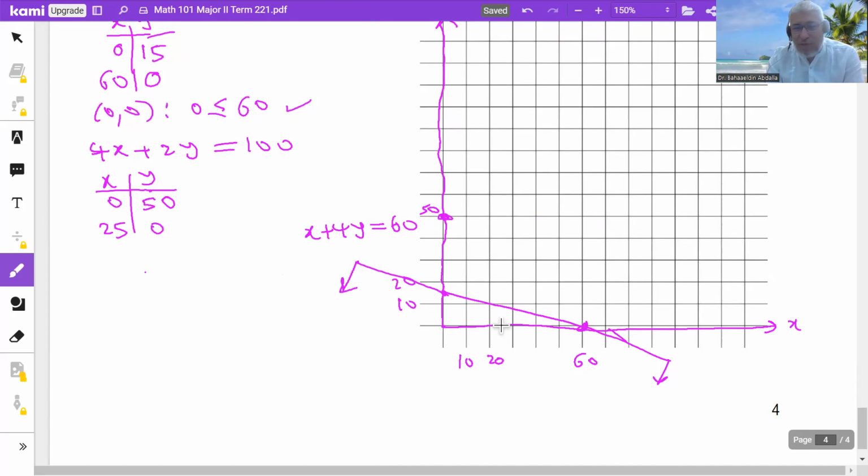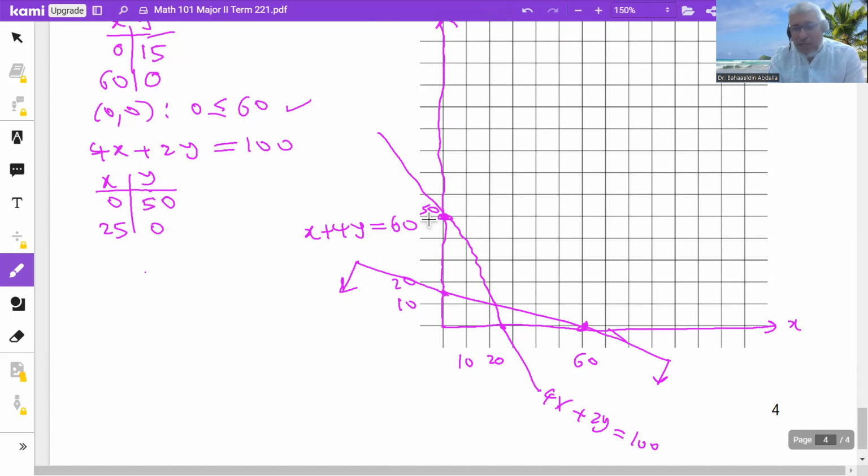And (25, 0) is here. And now I need to connect these 2 points. This is the graph of the second line. Excuse my graph. So the line here is 4x plus 2y equals 100, okay?